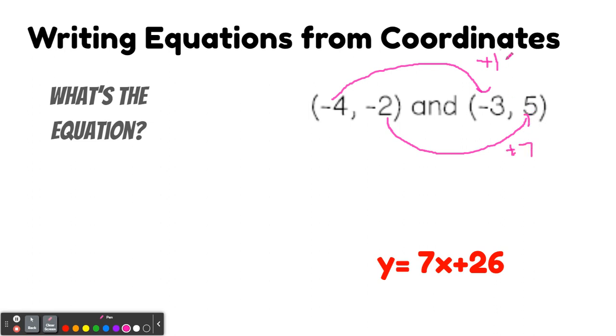So my change is 7 over 1, or just 7. Then I multiply: -4 times 7 and I get -28. To get from -28 to -2, I'm going up 26. And that's how I got that there.